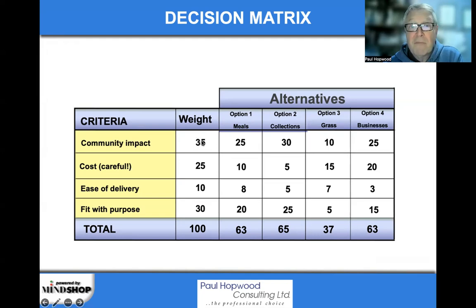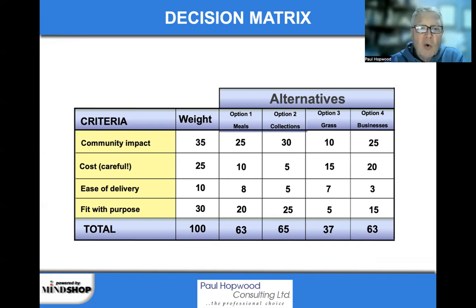So I've given that 35 points. The next one, fit with purpose, which is basically to look after our residents, I've given 30. Cost, which is obviously important more and more these days, I've given 25. And something that's easy to deliver, that's attractive, so I've given that 10, or whatever in your situation you choose to do.